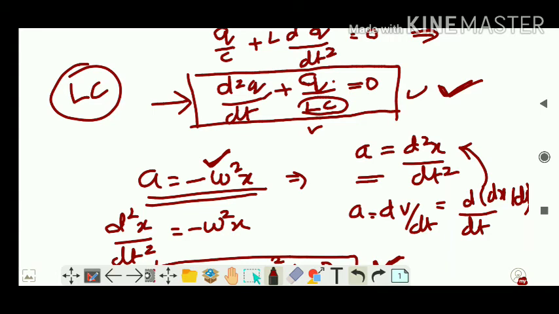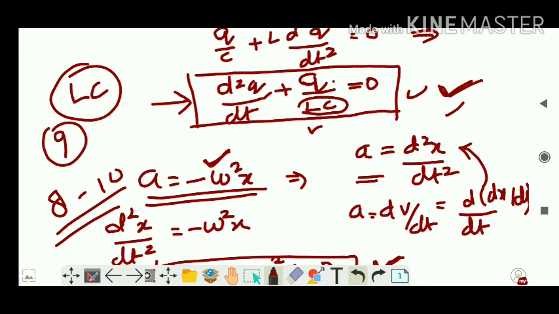This is the way you mathematically explain how there is an oscillatory motion in an LC circuit. So if the question is asked, explain how an LC circuit is undergoing an oscillatory motion mathematically, then you are supposed to do it by this method. Clear? It depends upon the marks. If the question is to explain how an LC circuit works, for 8 to 10 marks, you have to draw the entire circuit, remember, you draw 9 circuits, plus you are supposed to explain it mathematically.